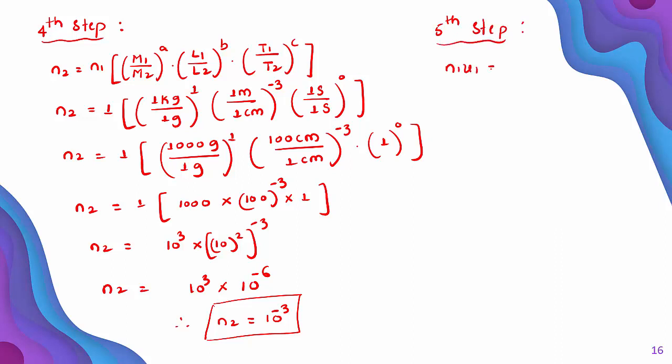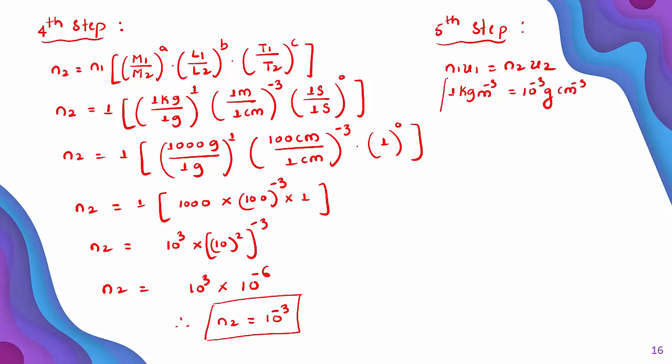N1 U1 is equal to N2 U2. Now substitute the values. N1 is 1 and U1, its unit in MKS, is what? Kg per meter cube is equal to N2, we got 10 raised to minus 3 gram per centimeter cube.